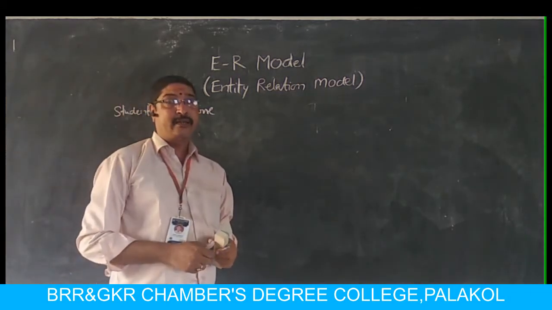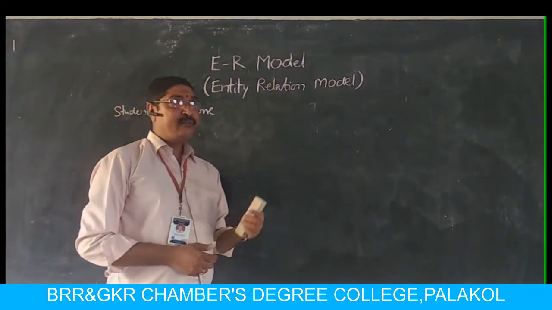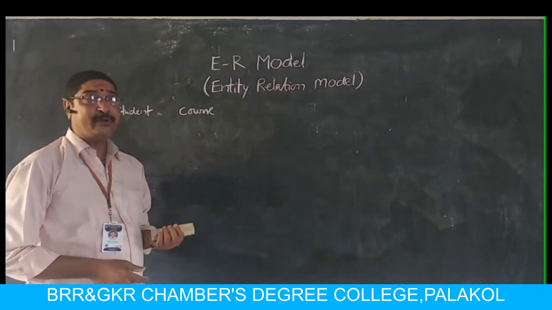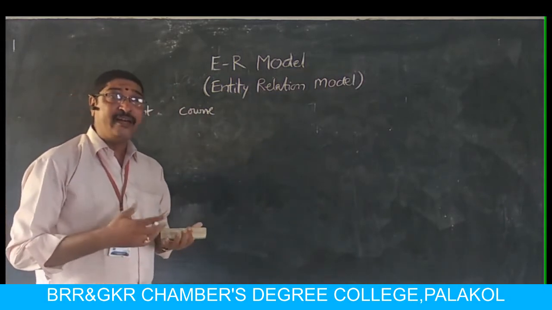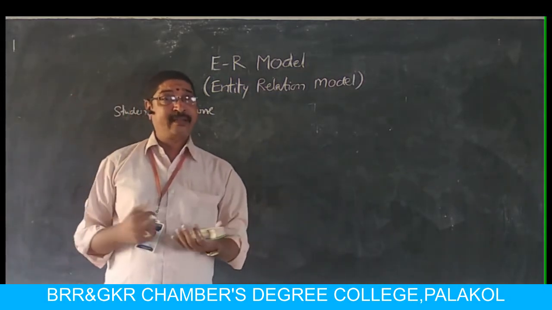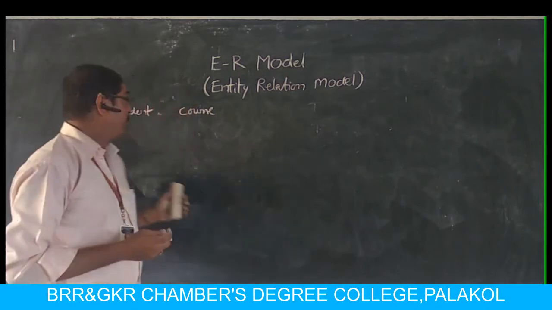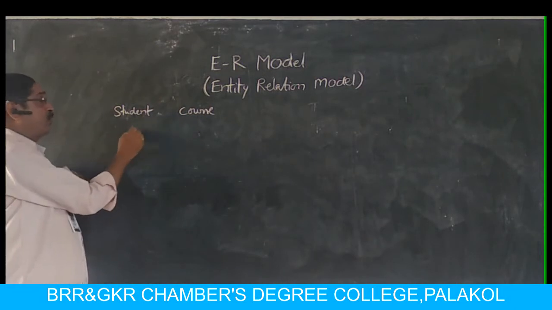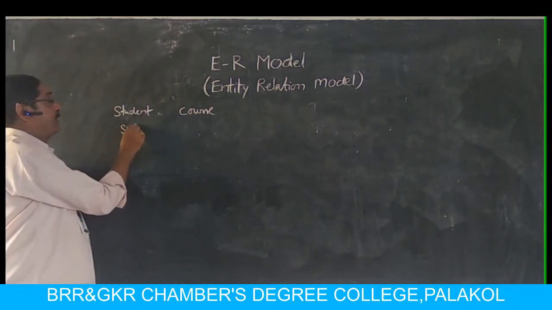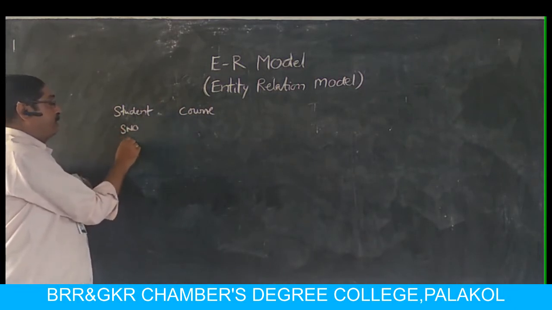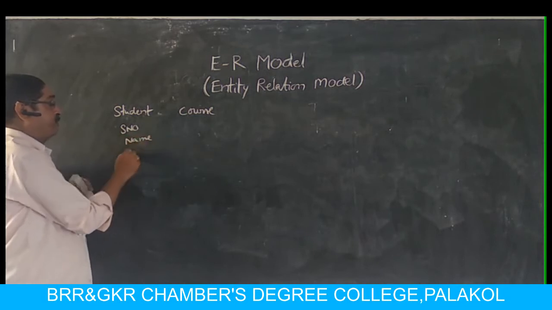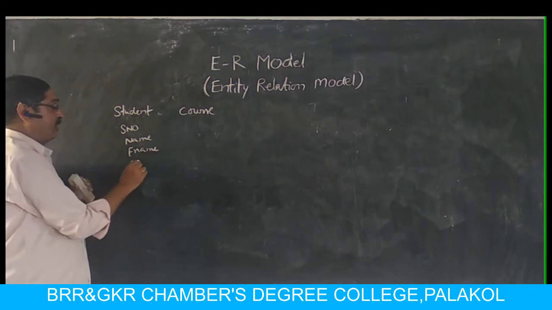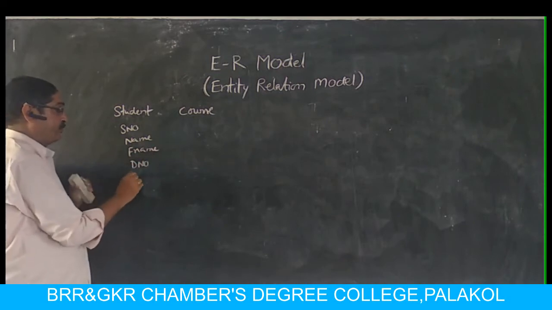Why these two are entities? If these two are having any attributes, these two are having any descriptions, then we can call these entities, as I said. So what are the descriptions for these two? For example, for student, we'll have student number, name, father name, door number, phone.